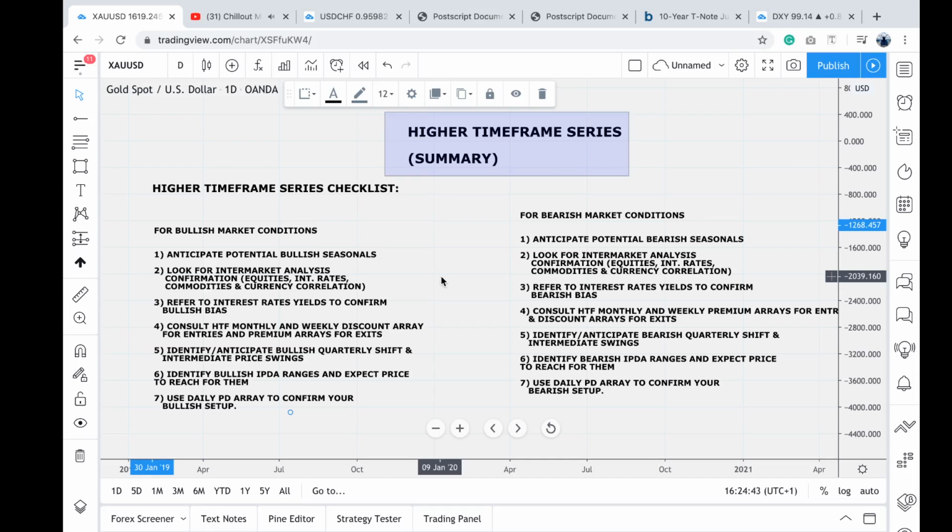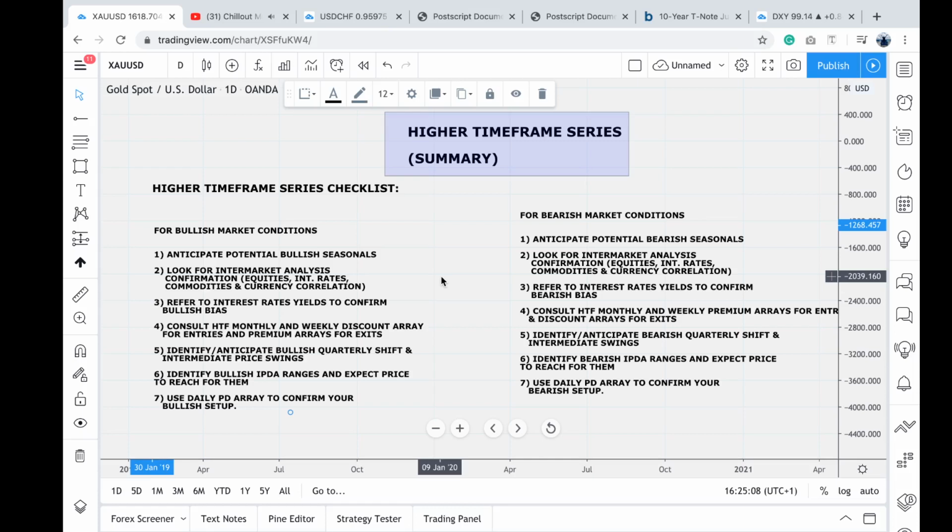All right, so the next thing to cross off your checklist is to look for confirmation in the market analysis, and this is fundamental analysis. Before you go straight into the technicals, you have to identify fundamentals by looking at equities, which is the stock market, interest rates, commodities, and currency correlation.